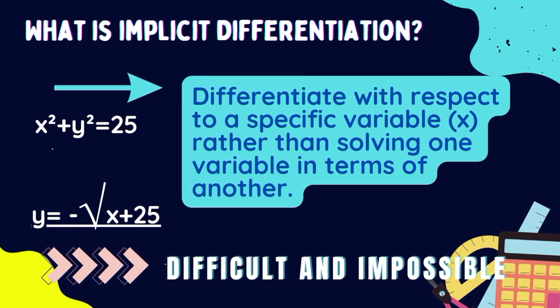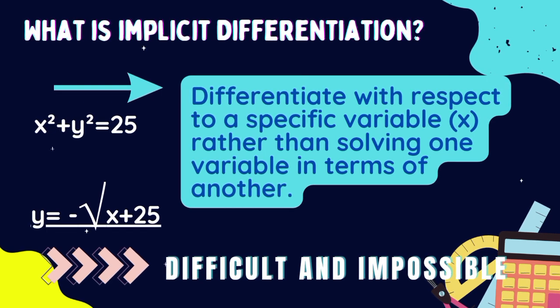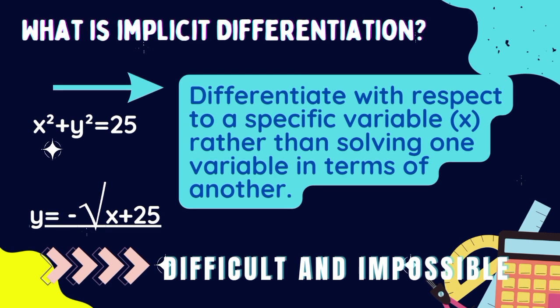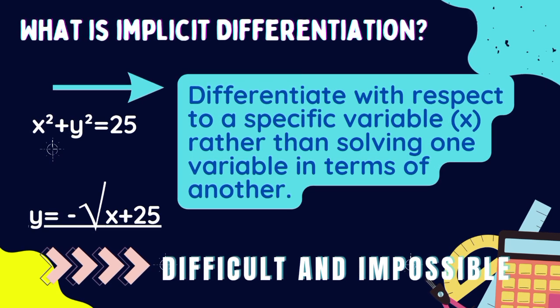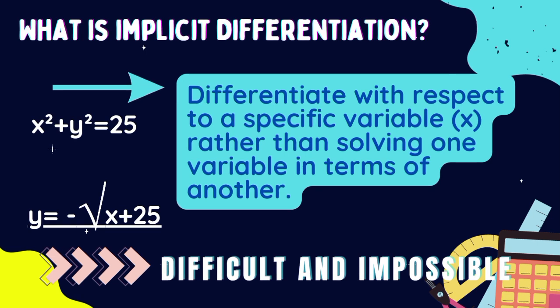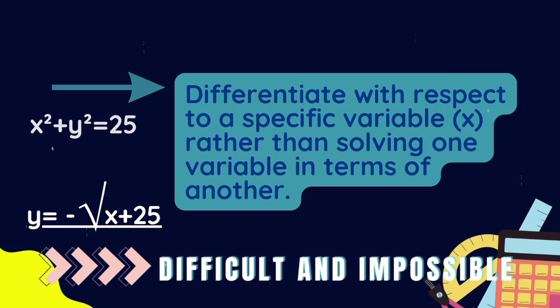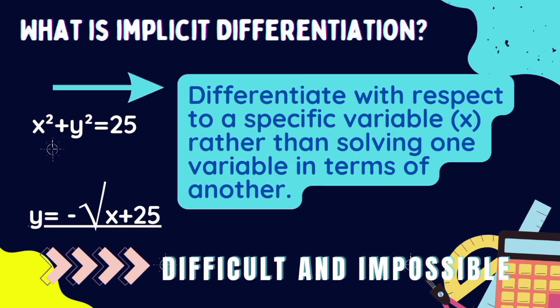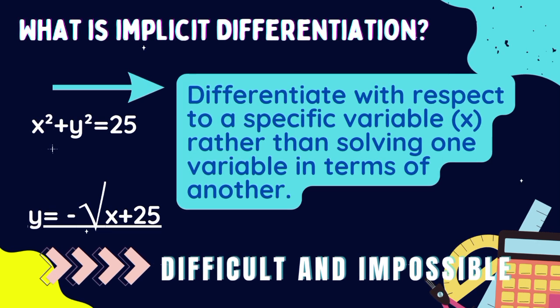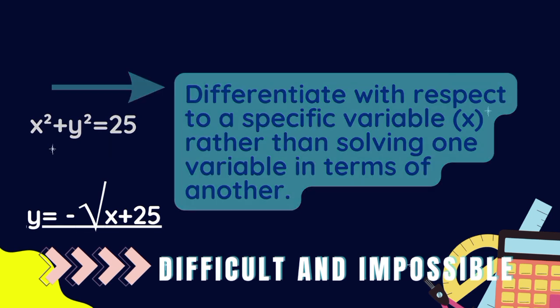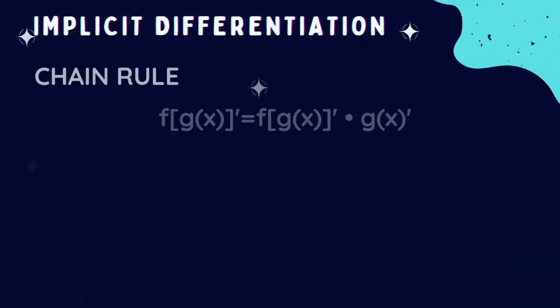Now, implicit differentiation is a technique which allows us to differentiate with respect to a specific variable such as x, rather than solving one variable in terms of another. So in this given x squared plus y squared is equal to 25, we no longer have to simplify it since it's time-consuming. Rather, we will use implicit differentiation in order to find its derivative.